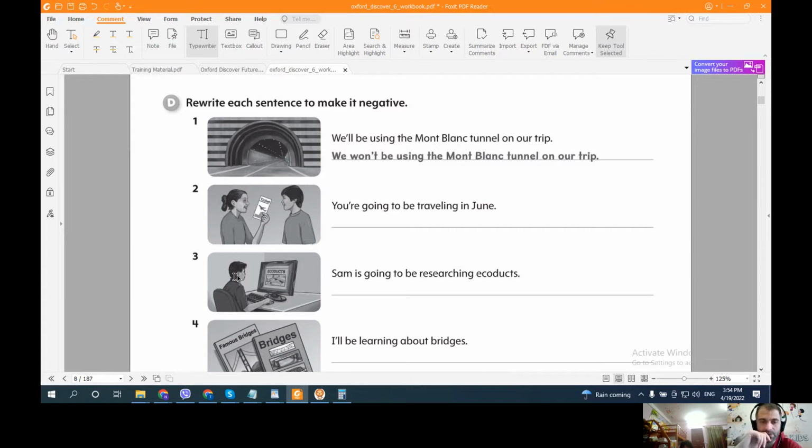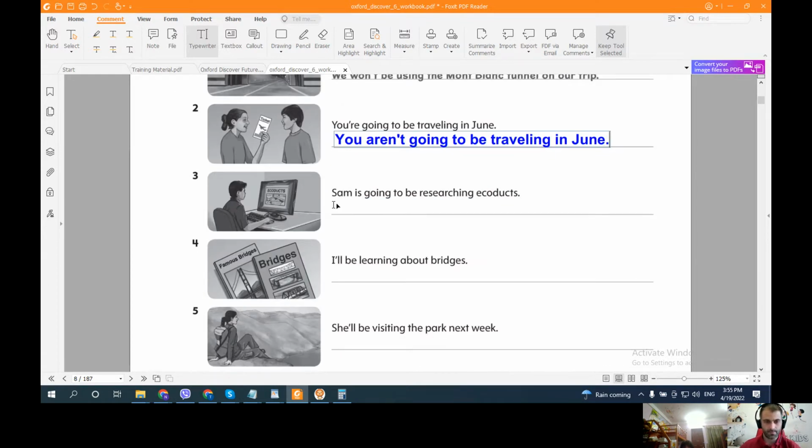Now let's make a negative sentence. You aren't going to be traveling in June. Sam isn't going to be researching aqueducts.